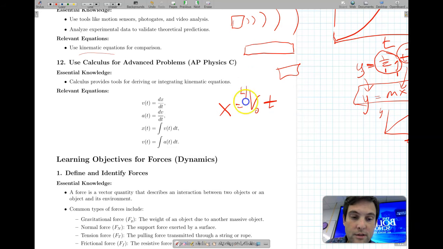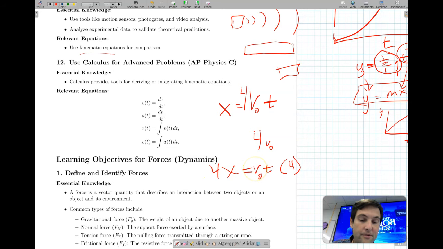The way we would do this is I would say 4. T is going to be the same in either situation, so I'm just going to call that 1. So I have 4 times v naught. That's the same thing as taking my initial equation and multiplying the right side by 4. If I do that, I need to multiply my left side by 4. So I can say my horizontal displacement would increase by 4 times as much.